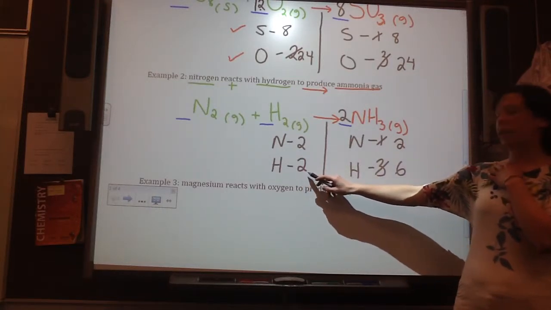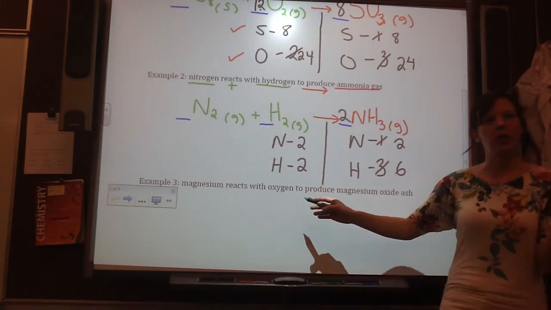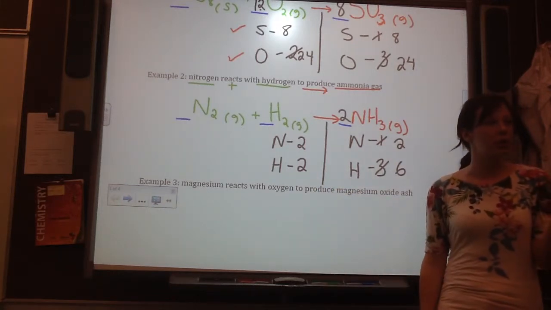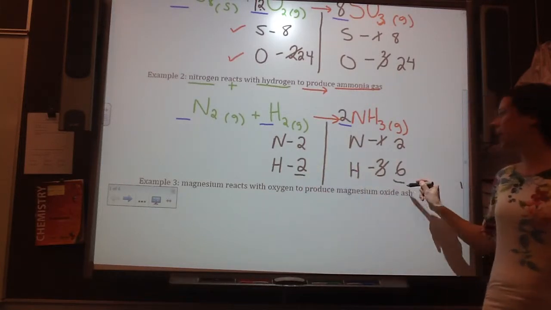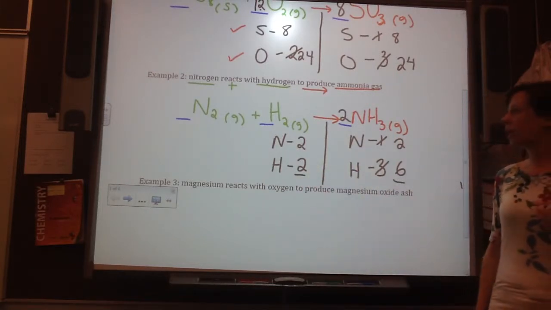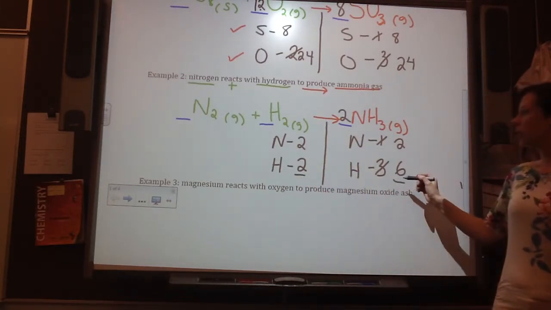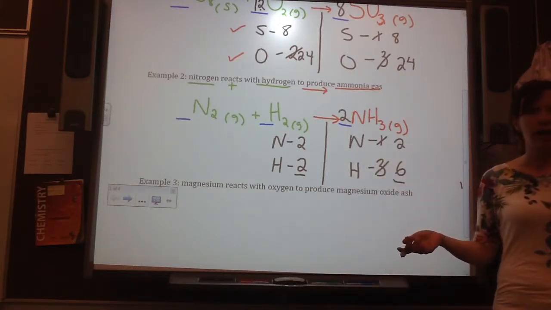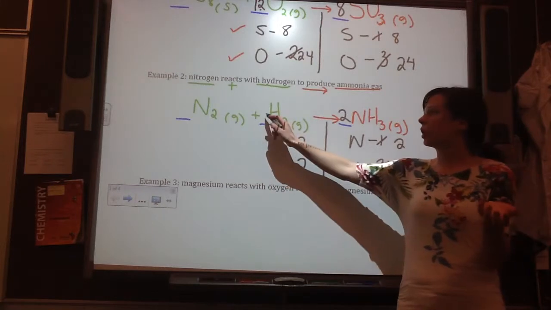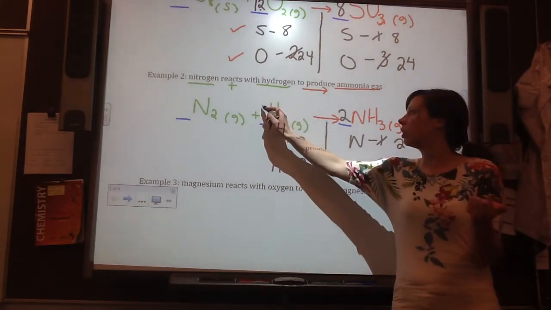Now this is what it meant in your notes about finding the lowest common denominator to get a whole number. Between 2 and 6, what's the lowest common denominator? 6, right? So how do I get the 2 to go to a 6? I put a 3 there.